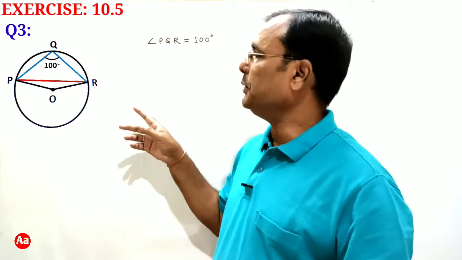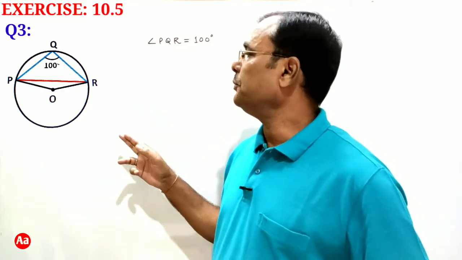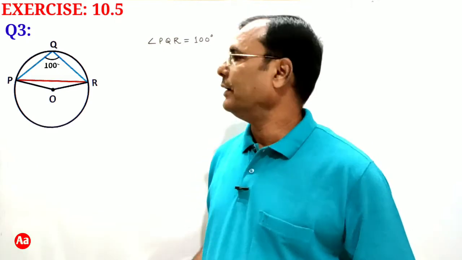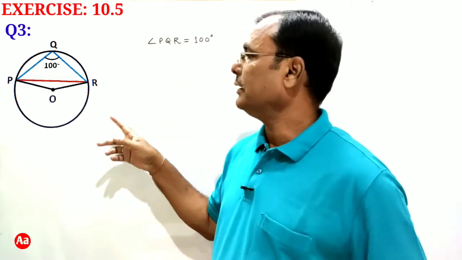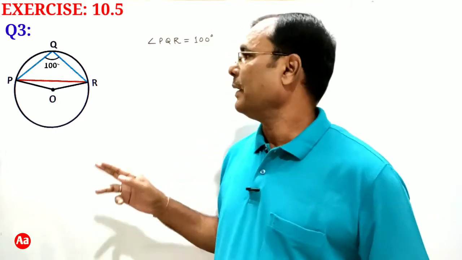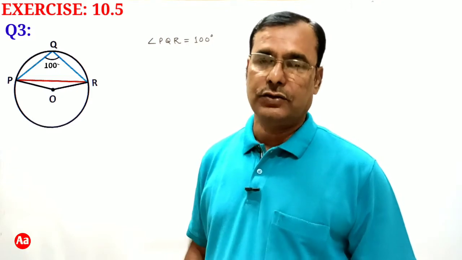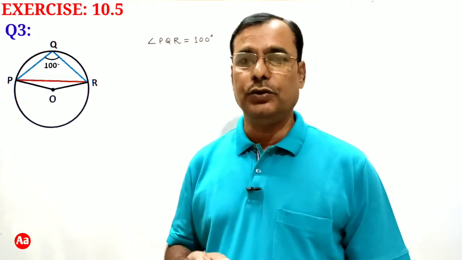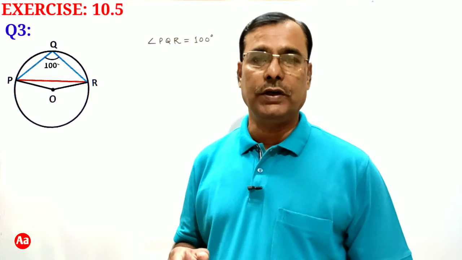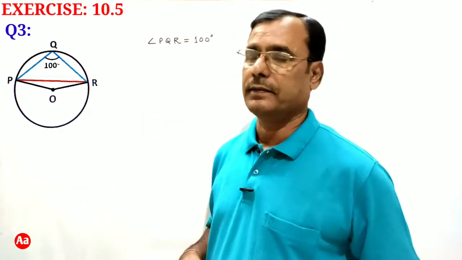See, arc PR subtends reflex angle POR at the center, and angle PQR is also subtended by the arc PR at point Q in the remaining part of the circle. So reflex angle POR will be equal to double of angle PQR.